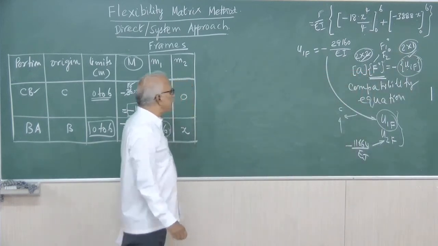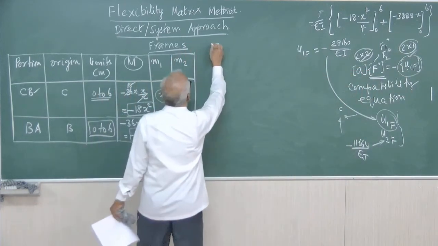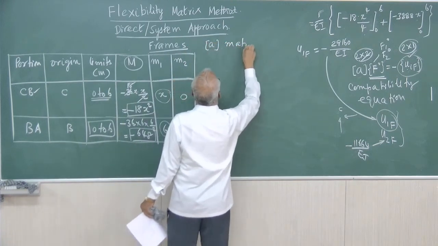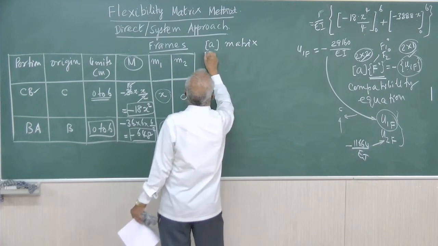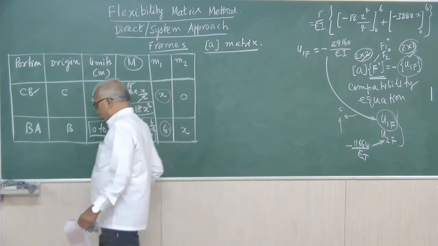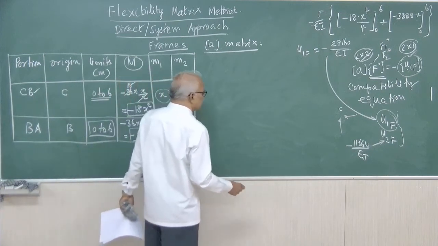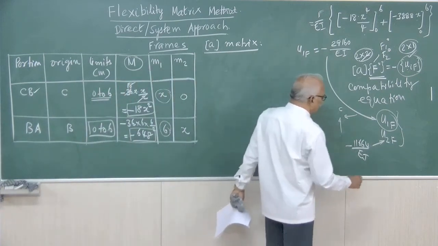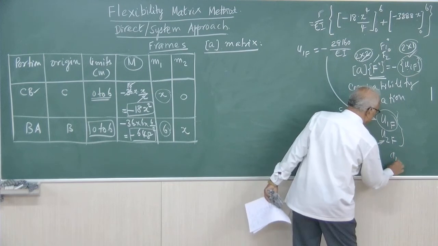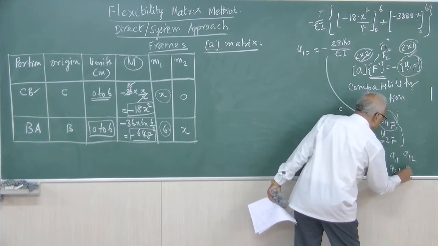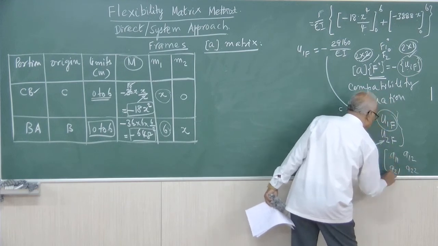Right. So, for 2 by 2, let us say it is the A matrix. The A matrix will consist of A11, A12, A21, A22.